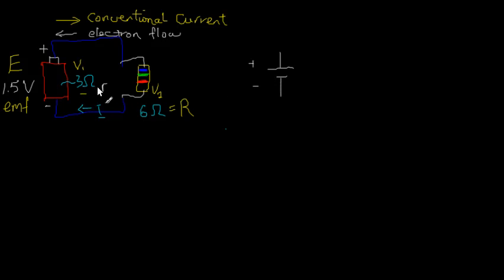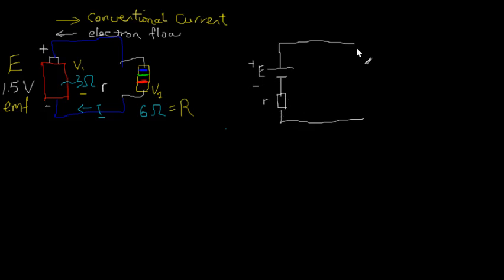Now there is this internal resistance of 3 ohms, and we could represent resistance with a rectangular box. So this is how it's normally shown. That's my E, and that's my little r.